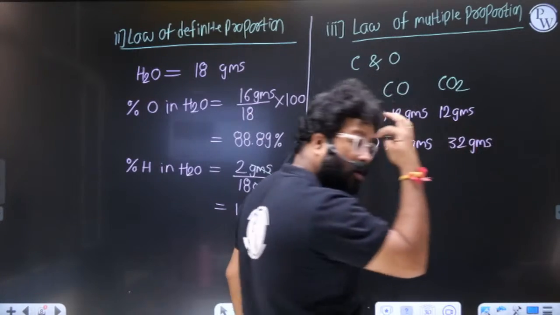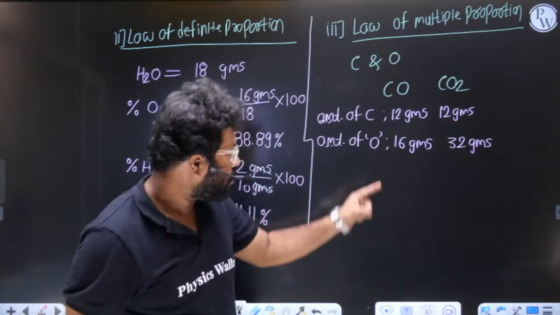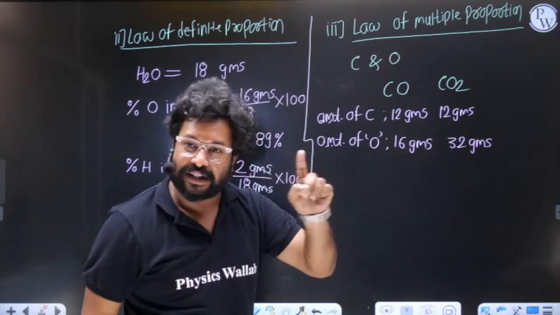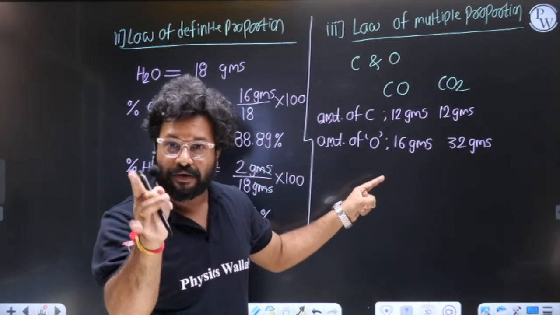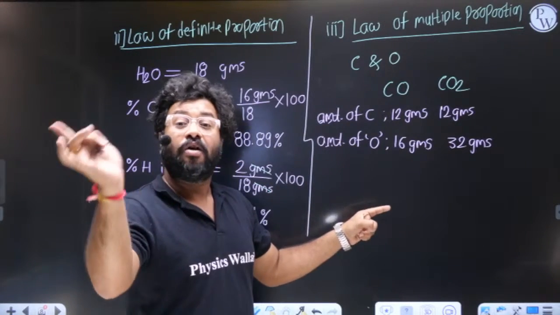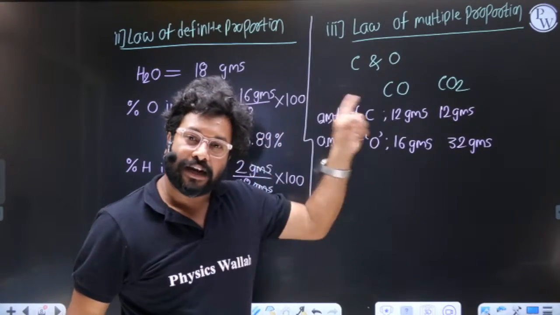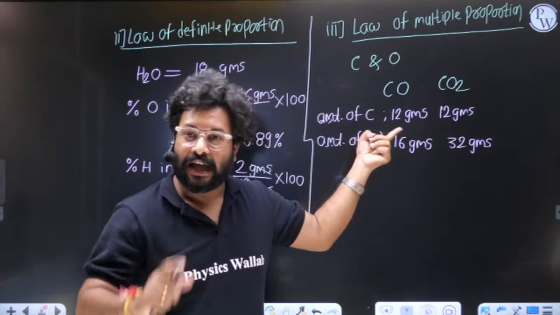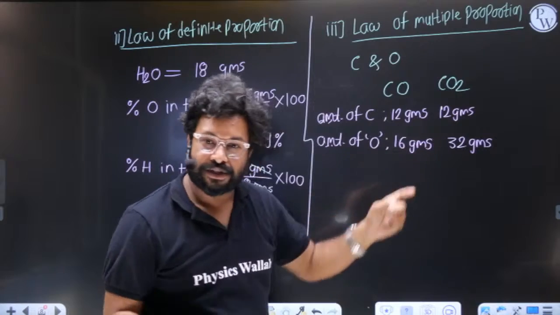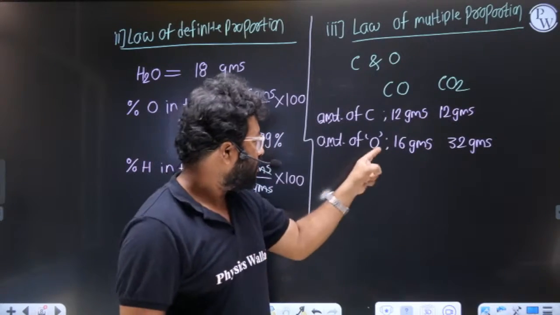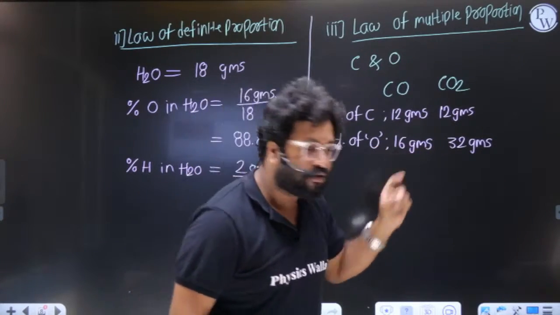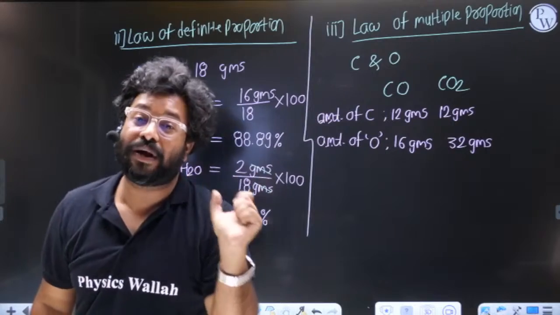So as per the law, the different weights of one element, that is oxygen, combine with a fixed weight of the other element. What is the other element here? The other element is carbon, and the fixed weight is how much? 12 grams. So what they are saying is that between the 16 grams and 32 grams, there is a simple whole number ratio.